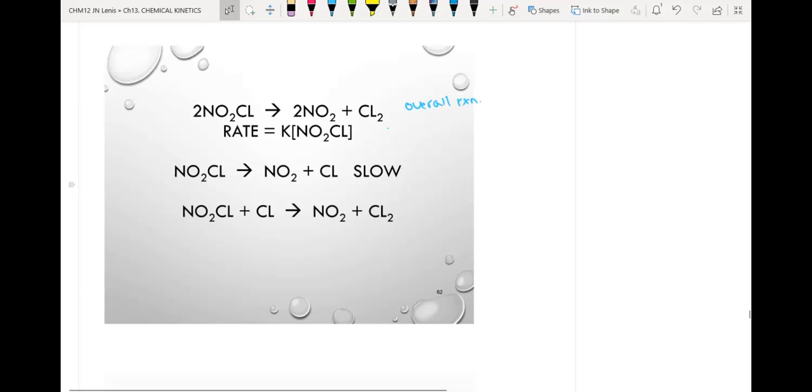And of course, obviously, this is an experimental rate law for the overall reaction. Remember, the rate law of an overall reaction has to be found experimentally. You need to run the reaction, collect the data, and so on and so forth. All what I showed you before.